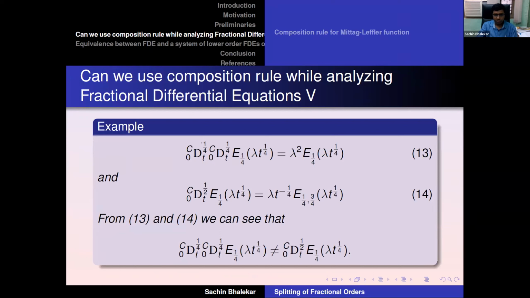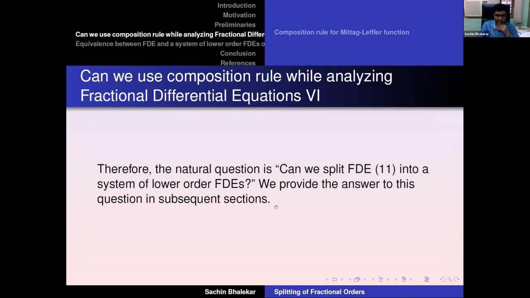We take alpha 1 to be 1 upon 4, alpha 2 the same as alpha 1, and we take the Mittag-Leffler function E_(1/4) of lambda t raised to 1/4. So we obtain this as lambda square E_(1/4) of lambda t raised to 1/4. If we take the summation of these two, alpha 1 plus alpha 2 is now 1/2. If we consider this as D^(alpha1 plus alpha2) of this function, then we obtain a different thing. So these are not matching. Such weird things can happen with the Mittag-Leffler function.